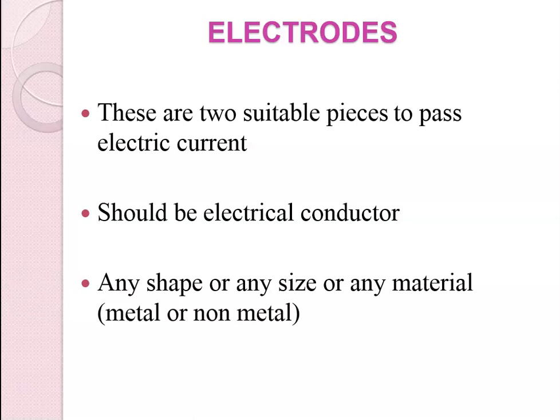Again, electrodes can be of any shape, any size, and can be made up of any material. It can be metallic or it can be non-metallic. It can be in any physical state, and you have solid electrodes, very typical. You have liquid electrodes and you also have gaseous electrodes.